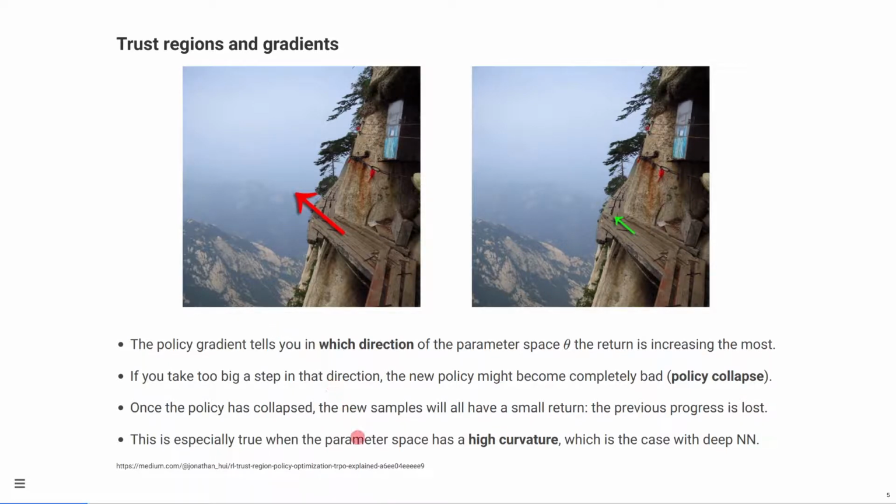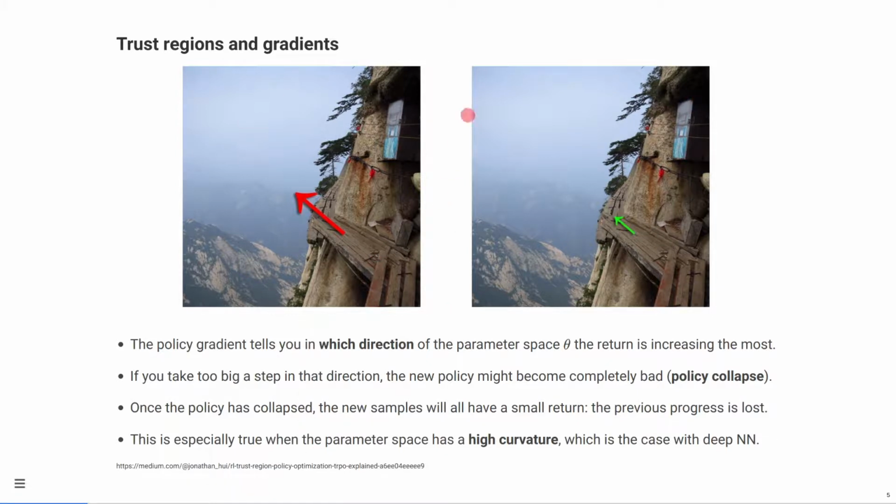That's true when your parameter space has a high curvature, so it's not some smooth linear function, it's something that is very steep. And that's the case when you have a deep neural network. It's always steep. In the neural computing course, you have seen examples of loss landscapes for neural networks, and that's not a smooth quadratic function.